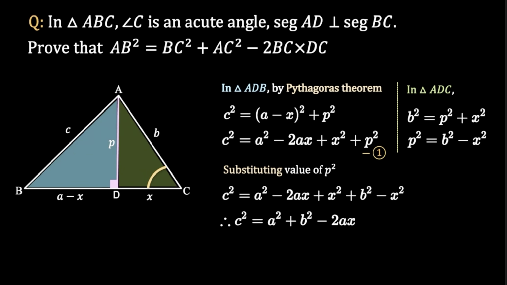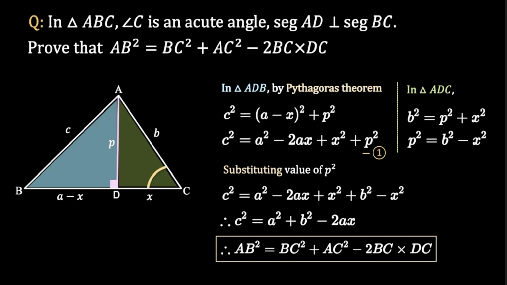Now let's replace these variables with the actual sides. What do we get? We get AB square equals BC square plus AC square minus twice of BC into DC. Now this is a very important result. Let's try to understand the meaning of this.